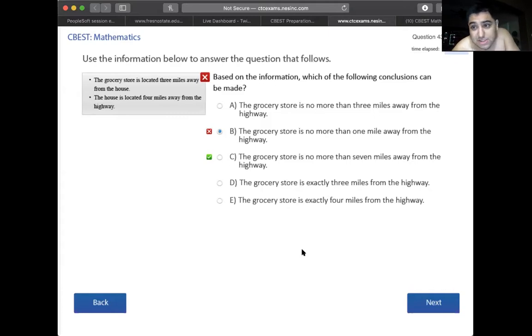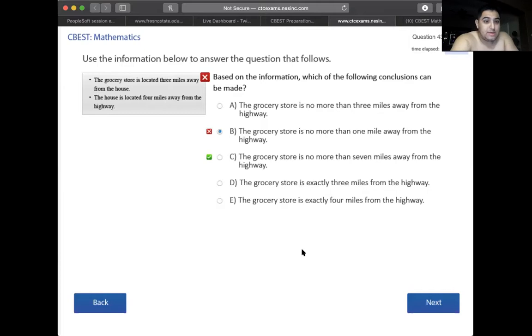Based on the information, which of the following conclusions can be made? So there's keywords here that you got to look at. Grocery store, 3 miles away, and house. And then on the second one, it's house, and then located 4 miles away, and then highway. Those are all your keywords on here.